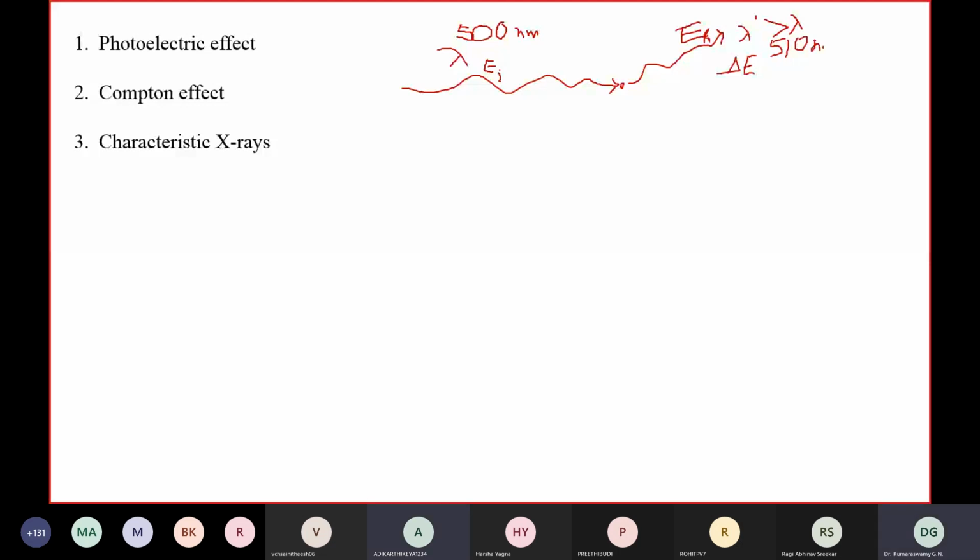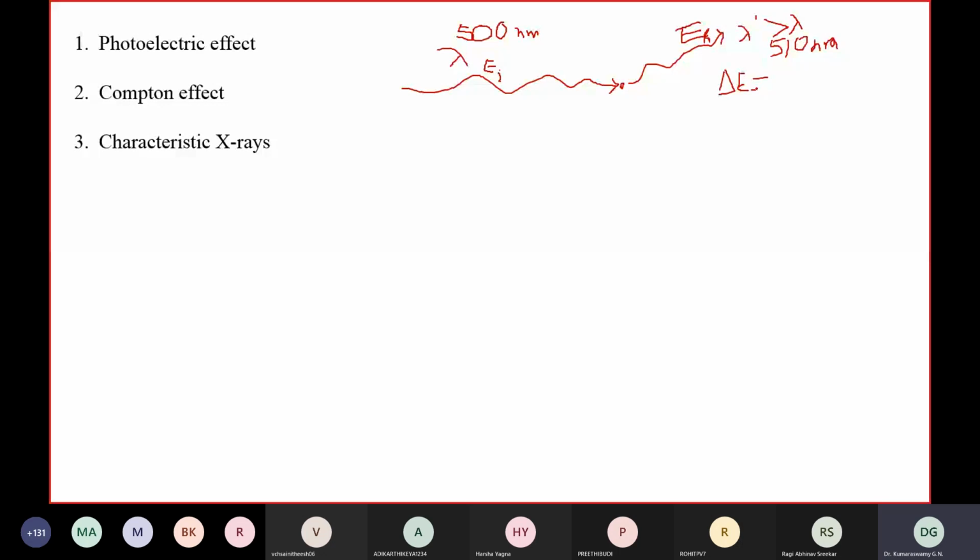Sir, means it is the same light wavelength only, sir. Same light ray, but wavelength is different. Means it reflected, sir. Scattered. Right. So when it's scattered, it is scattering with higher lambda.